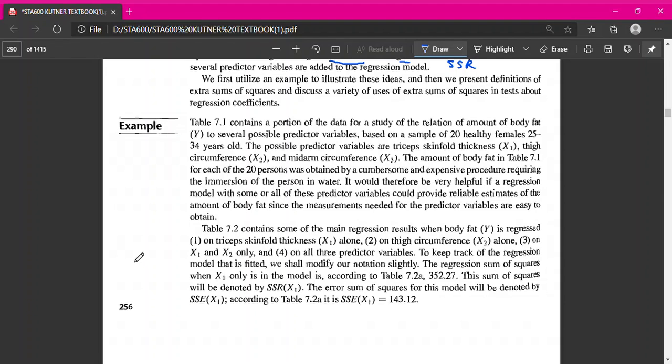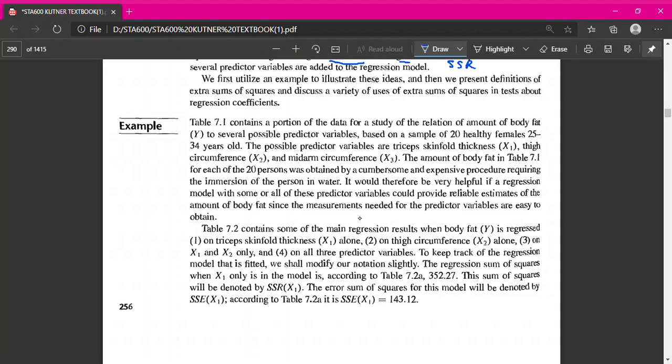Okay, so kat sini you can refer your textbook page 257. Okay, table 7.1 contains a portion of the data for a study of a relation of amount of body fat, Y, to the several possible predictor variables, which is X1, triceps skin fold thickness, X2 adalah thigh circumference, dan X3 adalah mid-arm circumference.